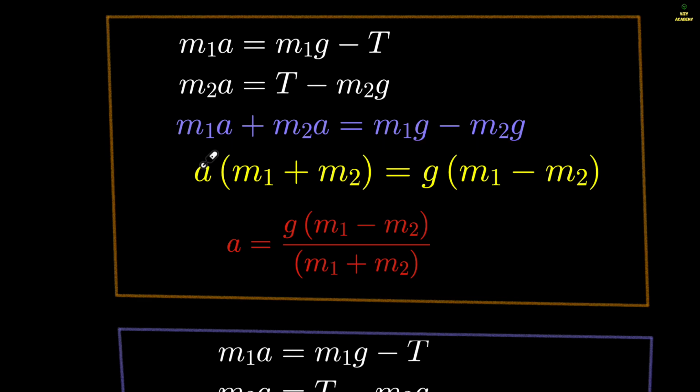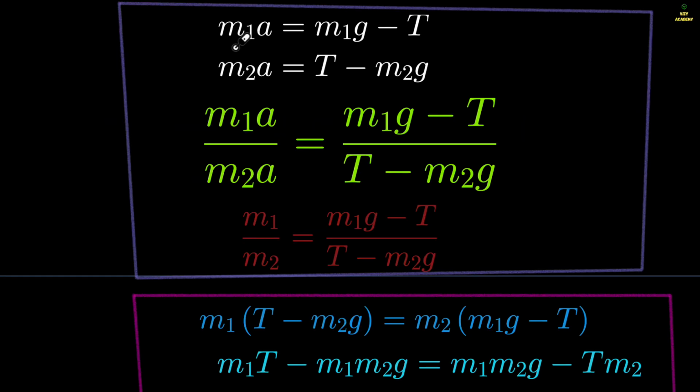On the left hand side we can take acceleration common. We are left with (M1 plus M2) a equal to g (M1 minus M2). Acceleration due to gravity is common in both sides. So acceleration is equal to g (M1 minus M2) over (M1 plus M2).